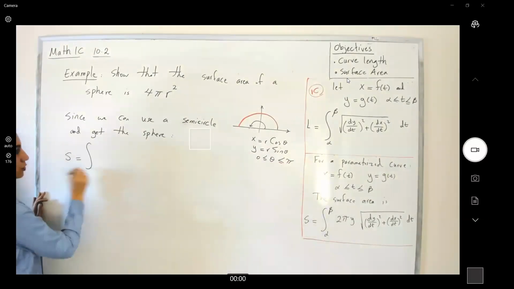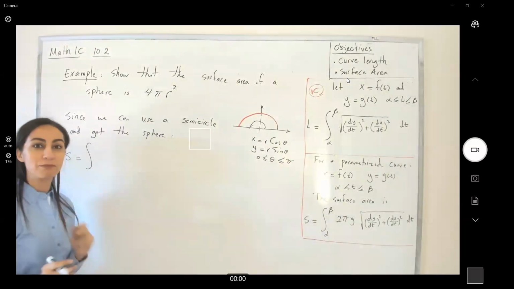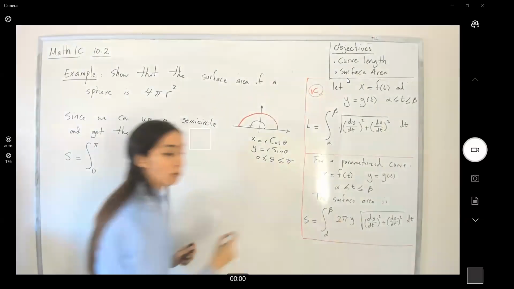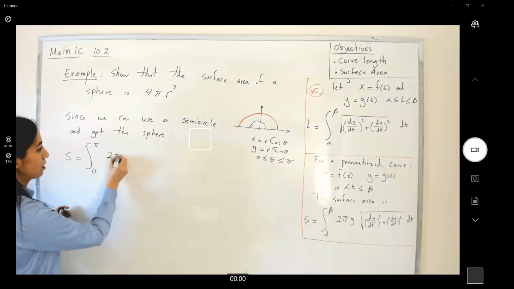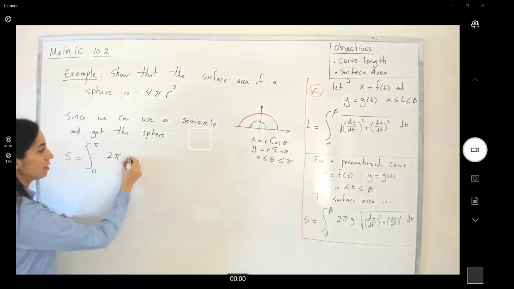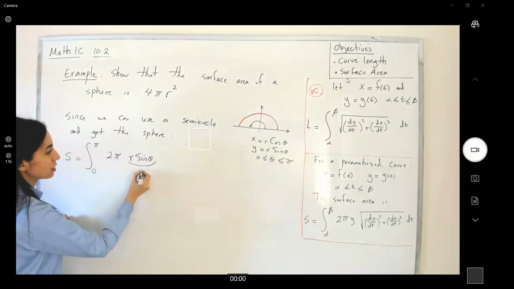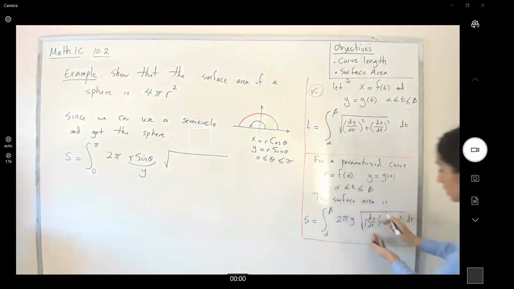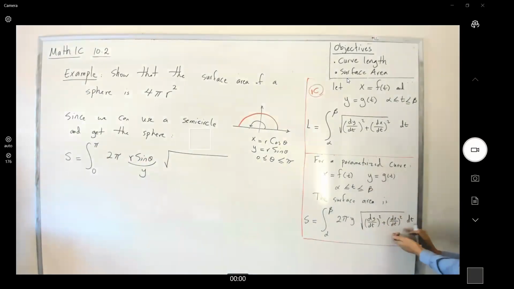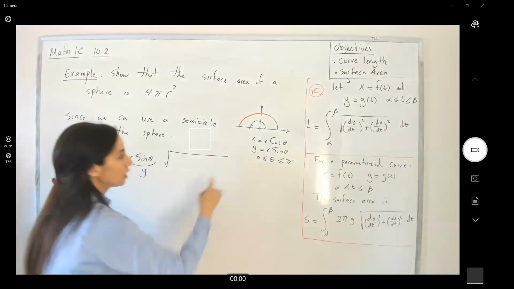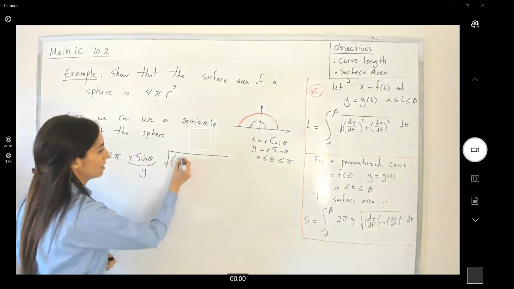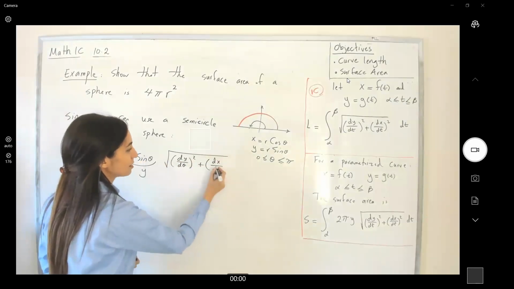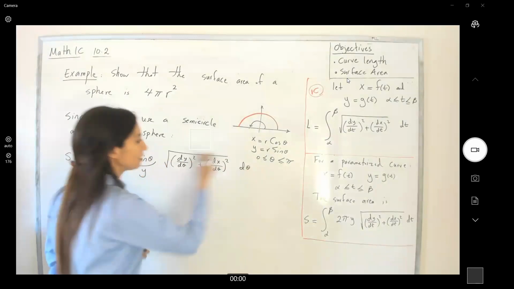S is equal to the integral, where my parameter is bounded between 0 and pi, of 2 pi y. What is y? y is r sine theta, times square root of dy d theta squared plus dx d theta squared d theta.